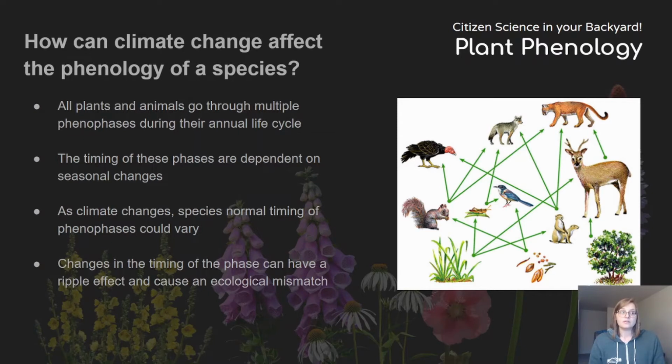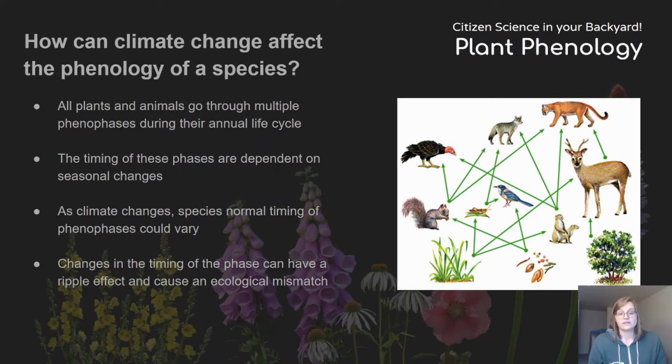So, as climate changes, we expect that the normal timing of things to be a little disrupted. And that can be an issue. Something called an ecological mismatch will happen, and that's when a predator-prey relationship is interrupted by a change in the timing of life cycle events. A really basic example of that is when insects hatch early, so that when migrating birds arrive, those insects are already gone and there's nothing left for those birds to eat.